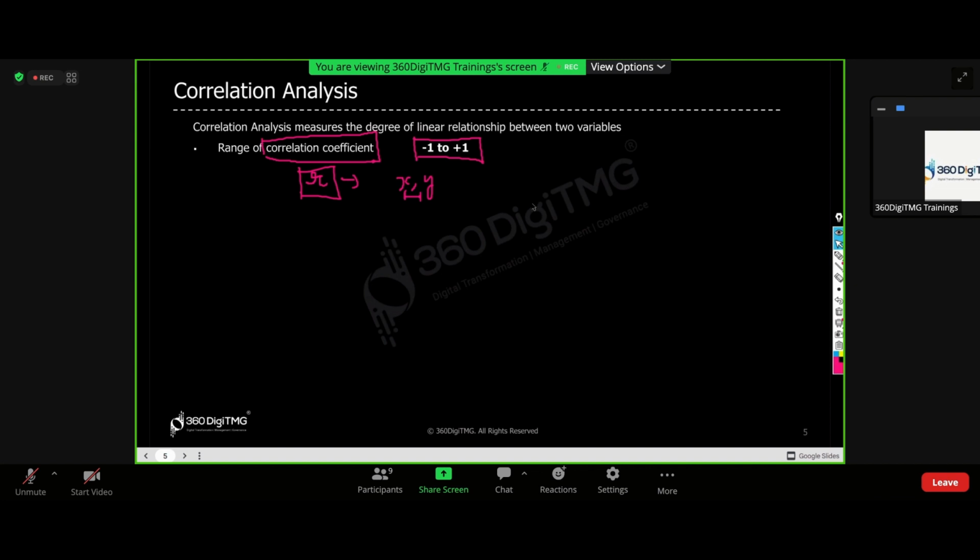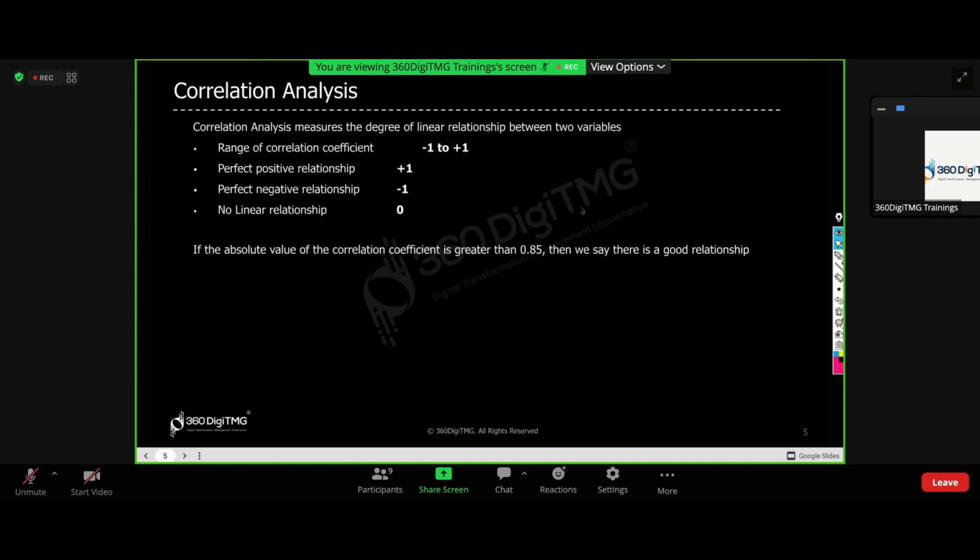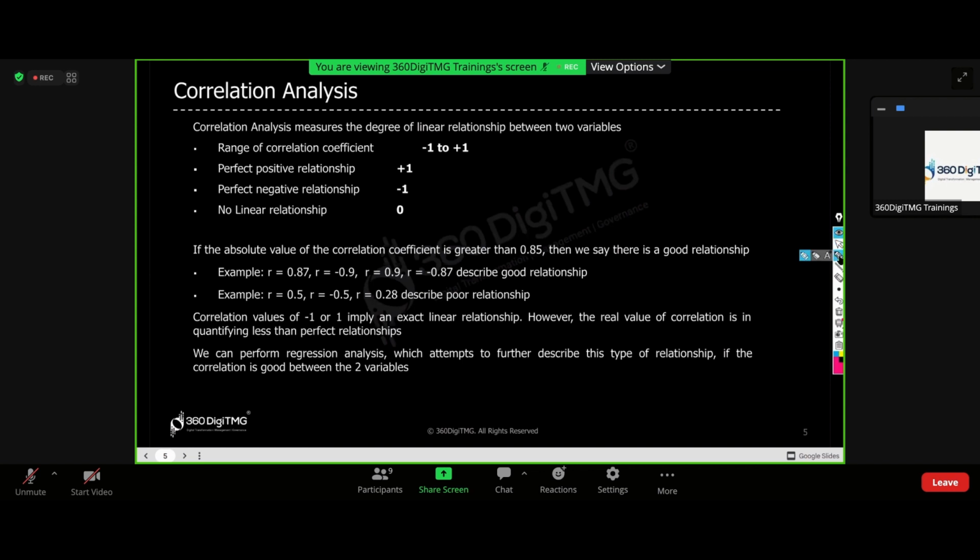Now if it is greater than 0.85, then it will be a good relation. But before that, when you say perfect positive relation, it is +1, perfect negative relation means -1, and when there is no relation it's 0. If value of the correlation coefficient is greater than 0.85, I will say it's a good relationship, strong relation.